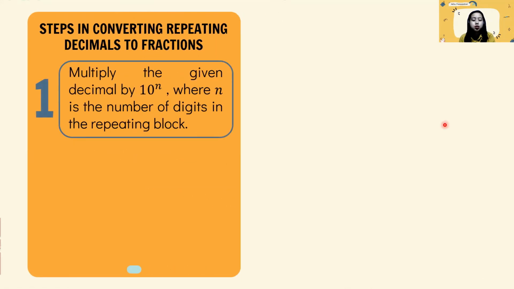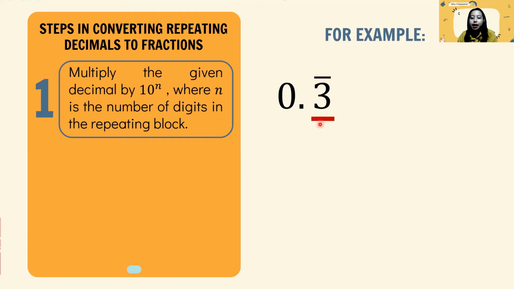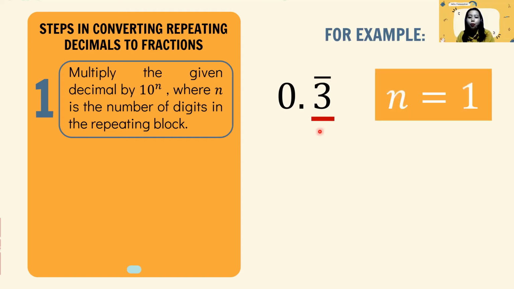First step is to multiply the given decimal by 10 raised to n, where n is the number of digits in the repeating block. So if I have here an example 0.3 repeating, we know that we have a repeating block which is 3. Okay, so now n will be 1.